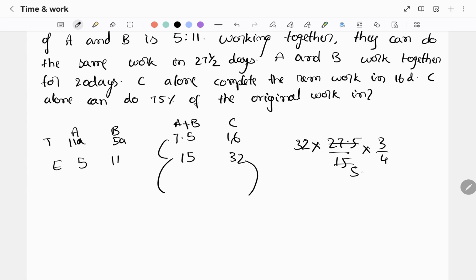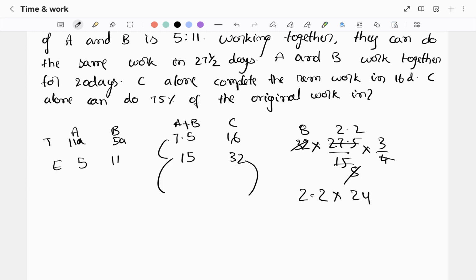So 3 ones, 3 fives, and 5 how many times it goes? 2.2, and 4 ones, 4 eights. Okay. So 8 3s are 24, 2.2 into 24. Correct?